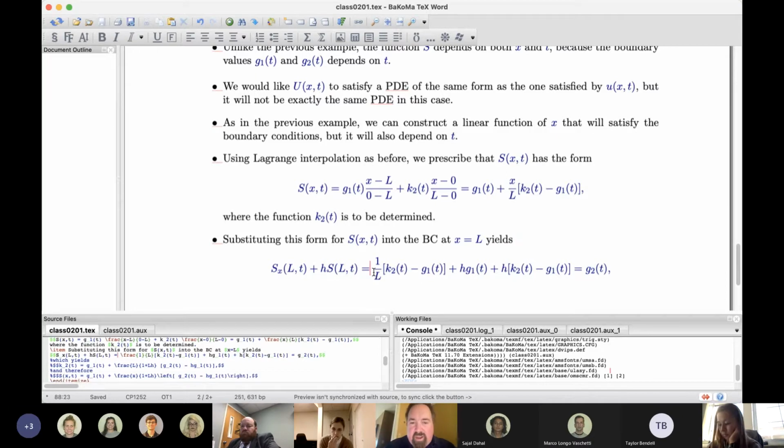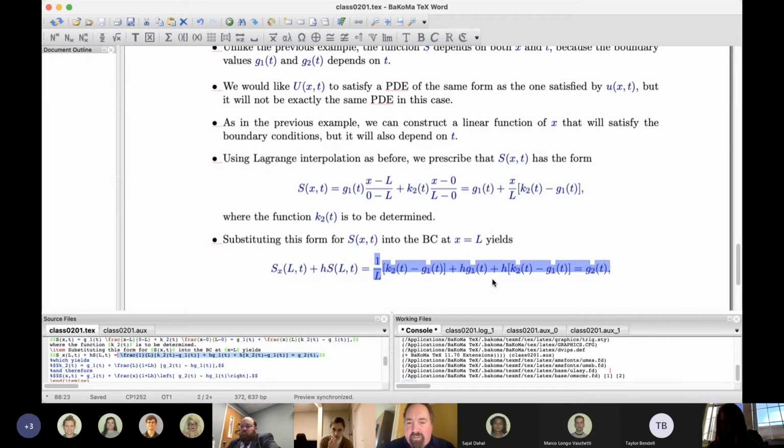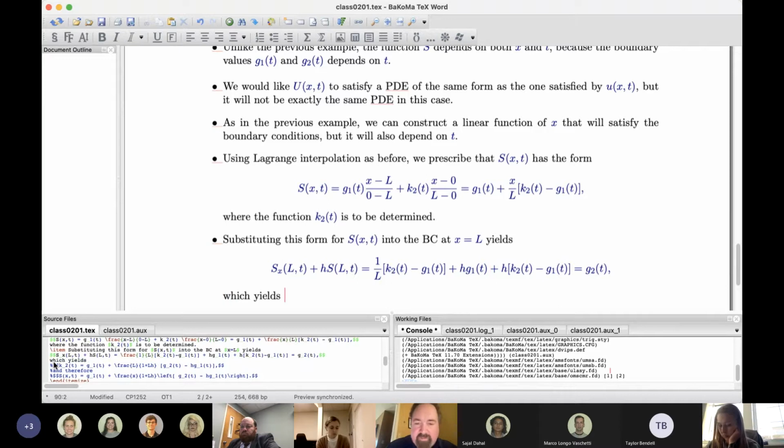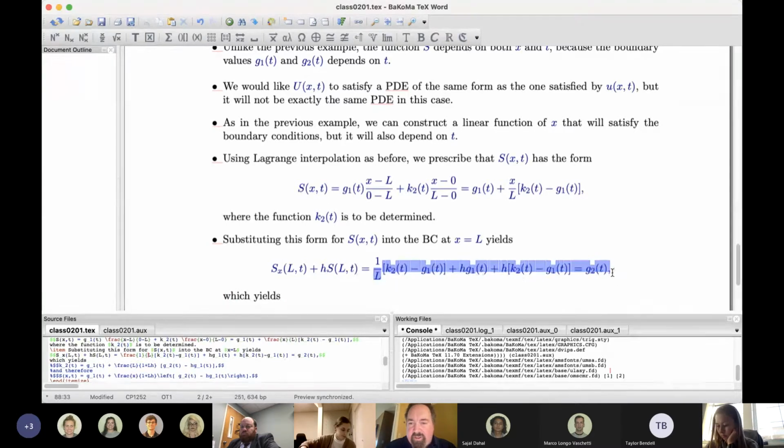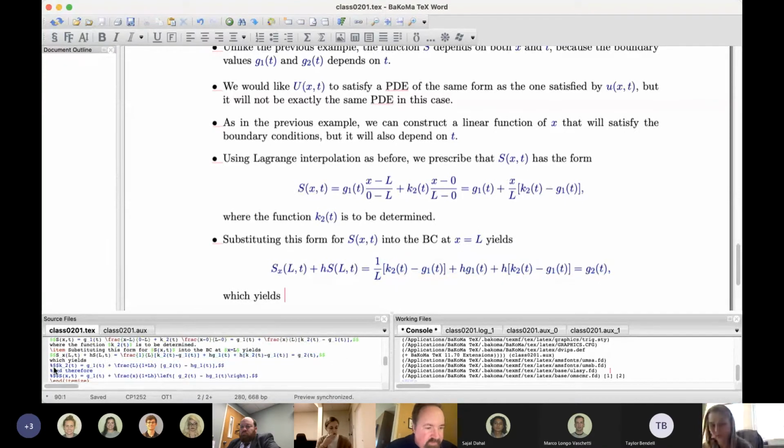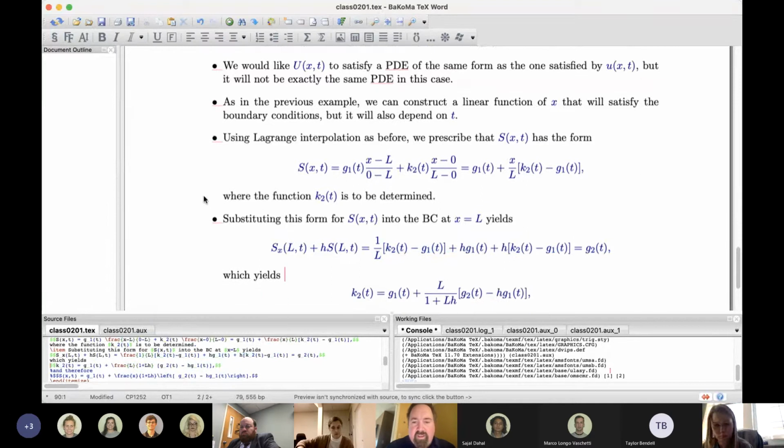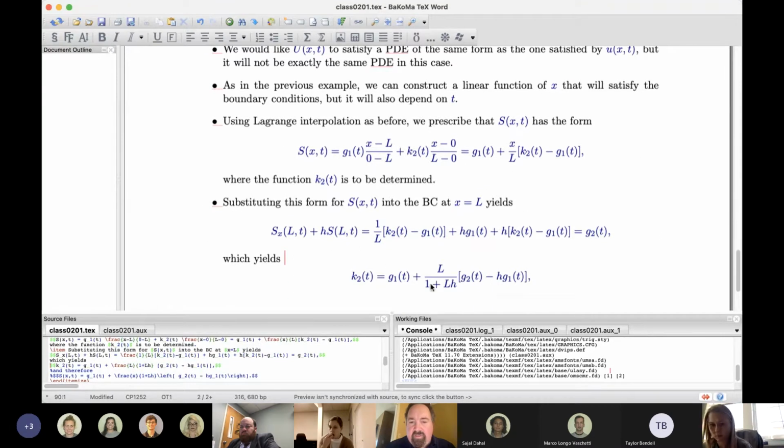So now what I need to do is take this equation and solve it for k2, because g1 and g2 are given. k2 is a function I need to find. So if I just grind through the algebra and solve this equation for k2, then this is what I get in terms of g1 and g2.